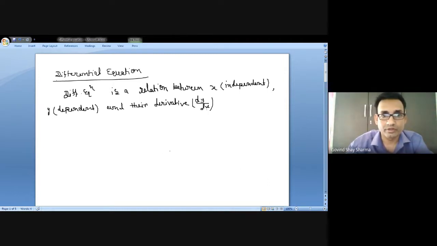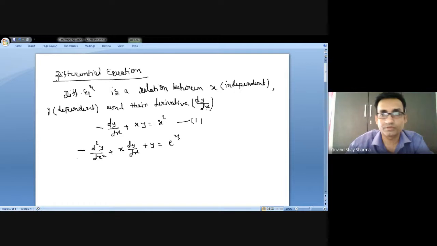Here I write some differential equations. dy upon dx plus xy is equal to x cube. This is called equation 1. And d2y upon dx square plus x dy upon dx plus y is equal to zero.